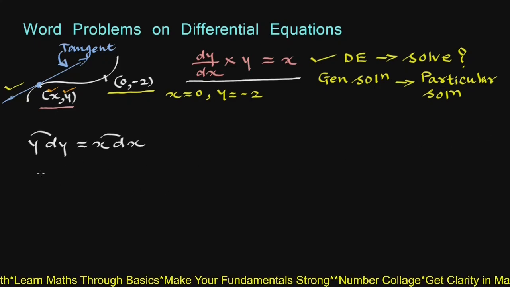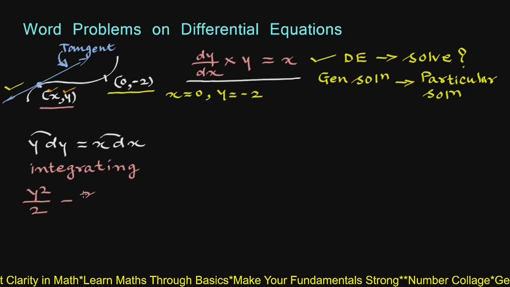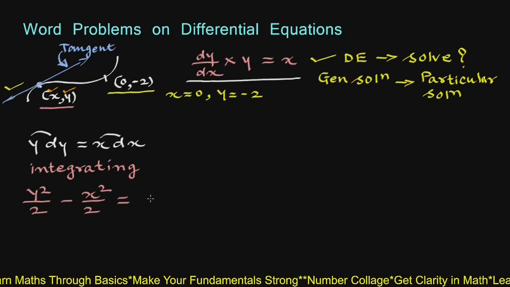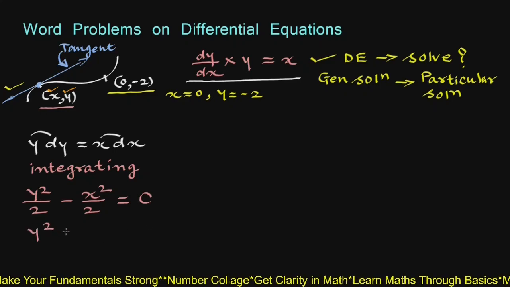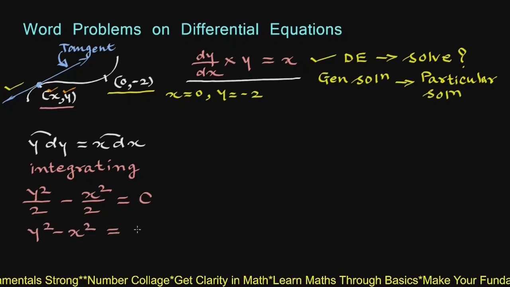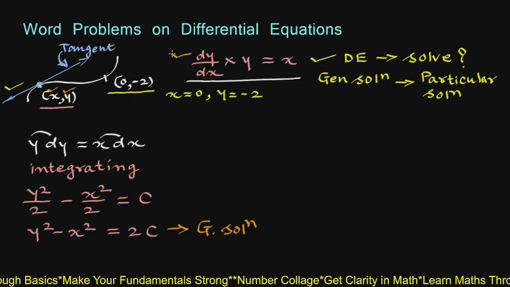Variables have been separated. Now integrating, y square upon 2 minus x square upon 2 equals the constant of integration c, which is also the arbitrary constant. y square minus x square equals 2c. This is the general solution of this differential equation.